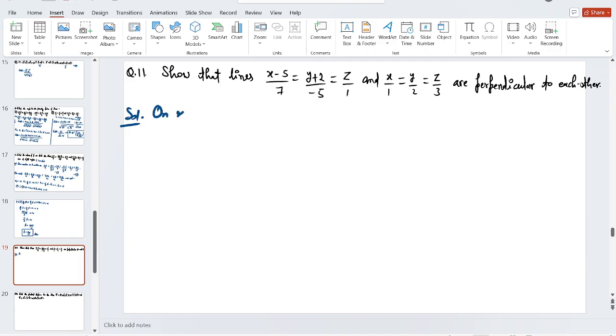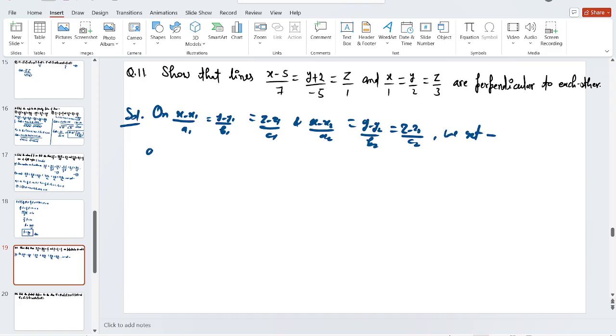On comparing x minus x1 upon a1, y minus y1 upon b1, z minus z1 upon c1, and x minus x2 upon a2 equal to y minus y2 upon b2 and z minus z2 upon c2, we get a1 equal to 7, b1 equal to minus 5, c1 equal to 1, a2 equal to 1, b2 equal to 2 and c2 equal to 3.